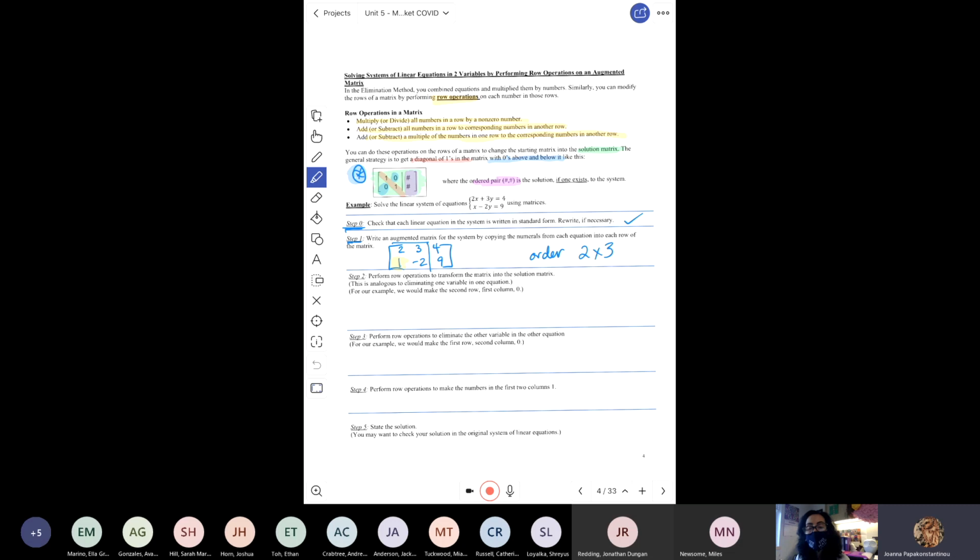However, in some instances, depending on the elements of your matrix, you may want to start with something else. But if there's nothing screaming at you to do this first, get a 0 there. So if I want to get a 0 there, how would I perform row operations to get a 0 there?